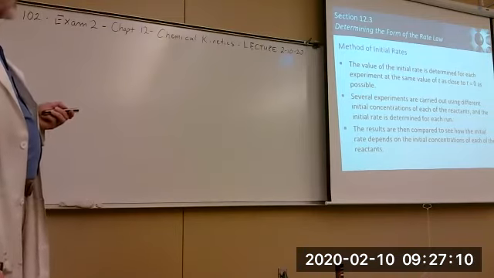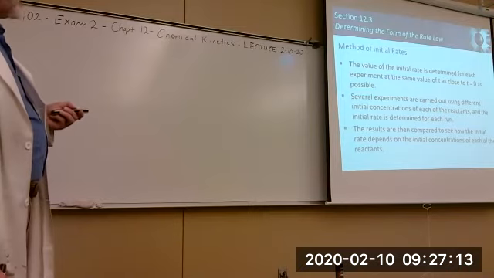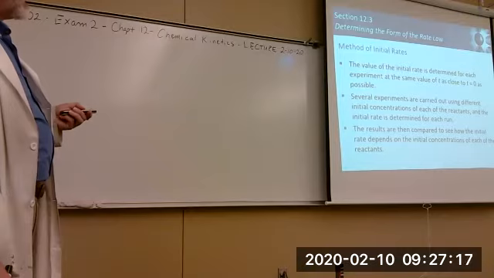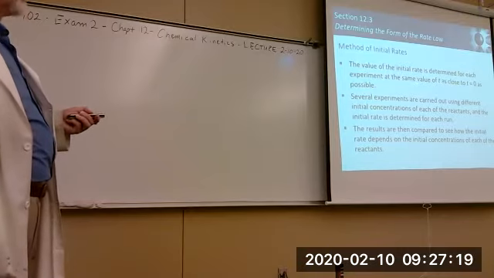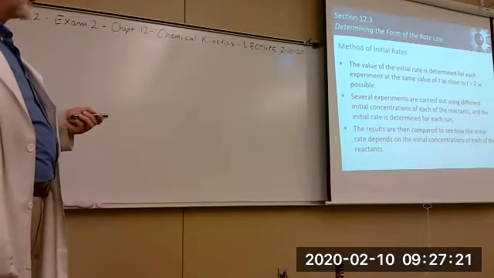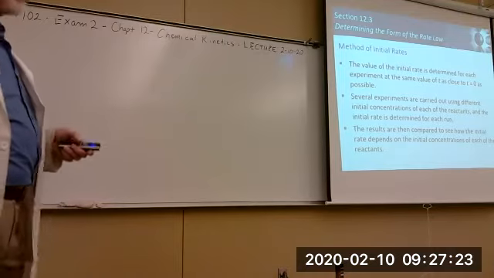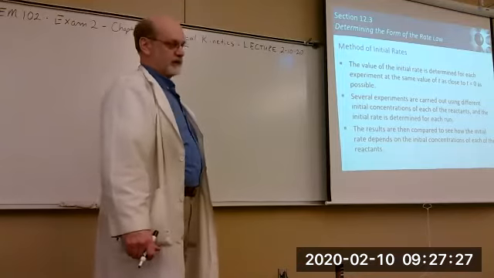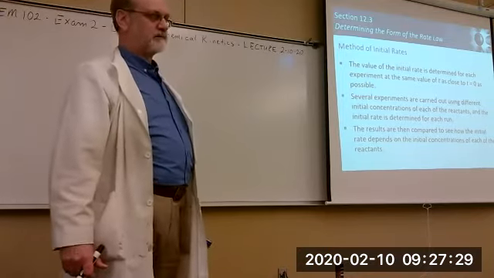So we determine the initial rate at the same value of time, as close to time 0 as we can get. Some reactions are so fast, they actually couldn't be studied for the longest time.